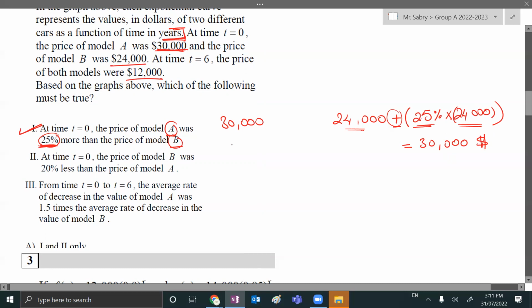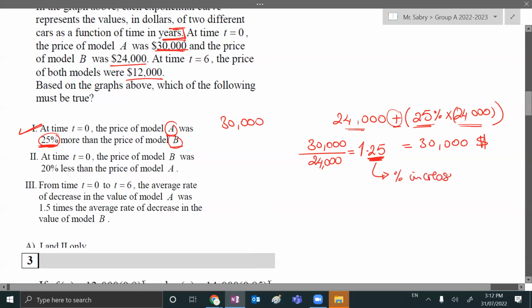Now there's another way to do this one. You can put 30,000 divided by 24,000 on a calculator. Whatever comes out, it will come out as 1.25. Whatever is after the decimal here, that's the percentage increase.